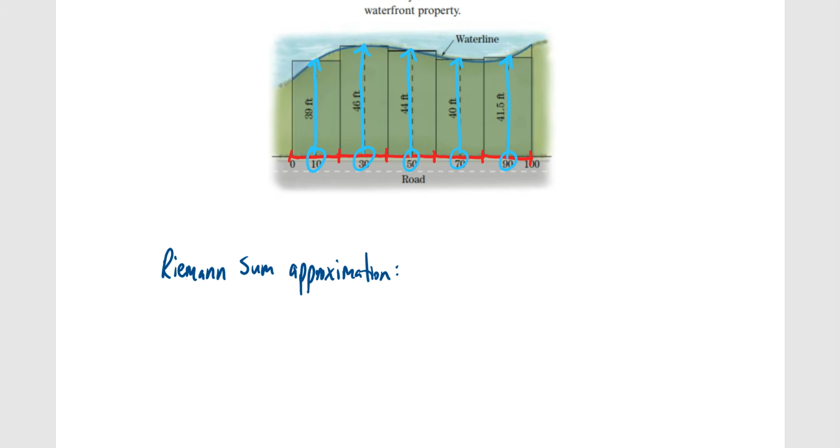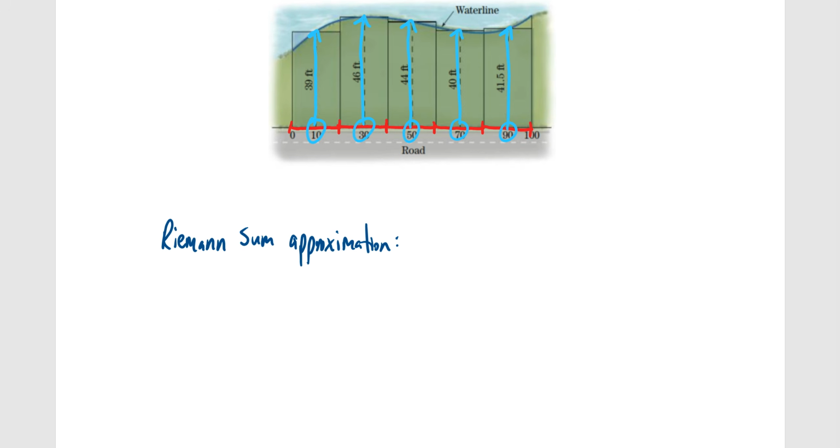Okay, so the Riemann sum approximation, we have 5 different rectangles. So the Riemann sum approximation is going to be the function evaluated at the first one times delta x plus the function evaluated at the second one times delta x plus the third one, fourth one, and the fifth one.